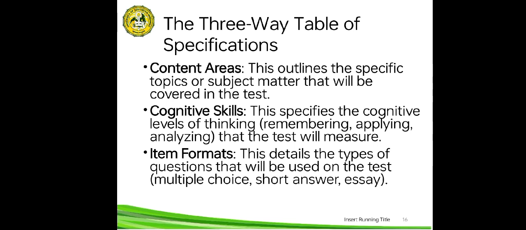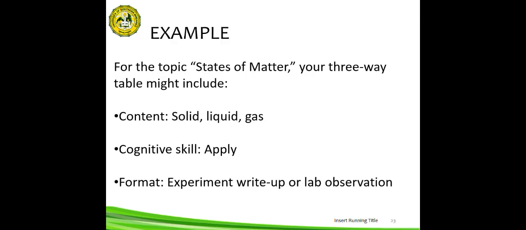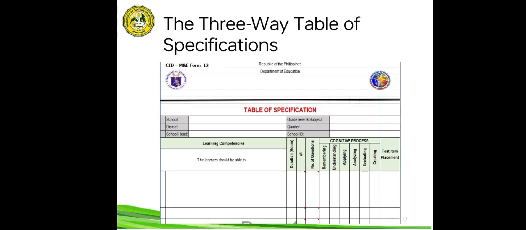Unlike a two-way table, as discussed by Ate Sauyen, the three-way table adds the method, which helps teachers plan more balanced and inclusive assessment. For example, for the topic states of matter, your three-way table might include first the content: solid, liquid, and gas. The cognitive skill is applied, and the format is experiment write-up of lab observation. You can take a look at this one example from DepEd of a three-way table of specification.